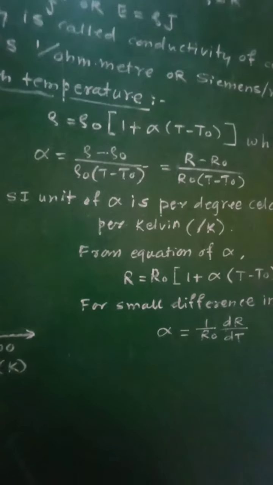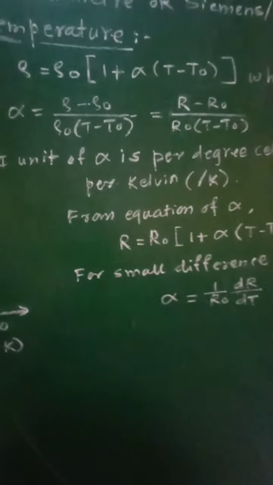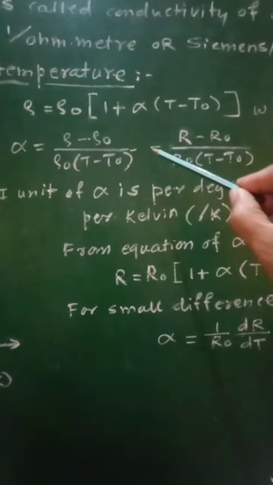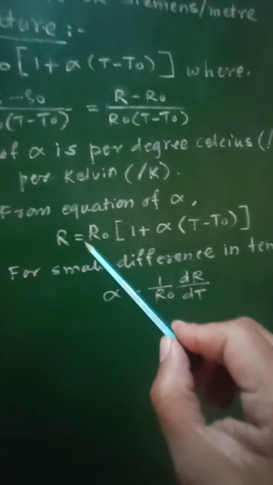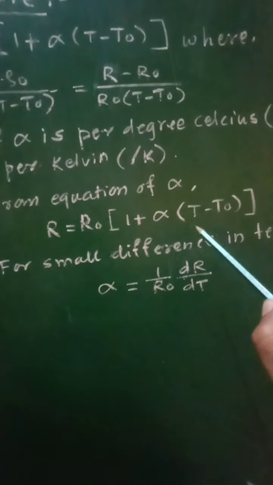Now from the equation of alpha we can write R is equal to R0 into 1 plus alpha into T minus T0.